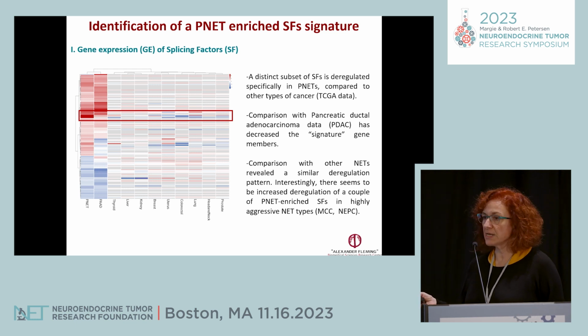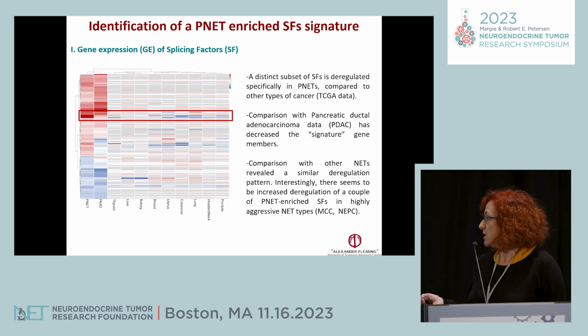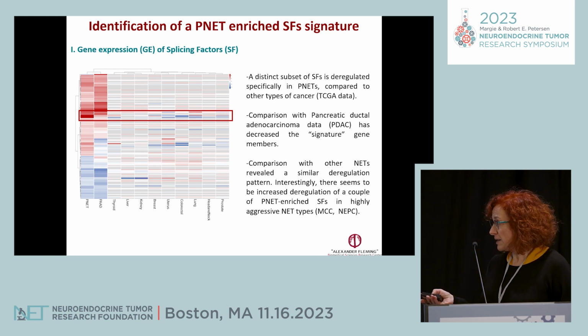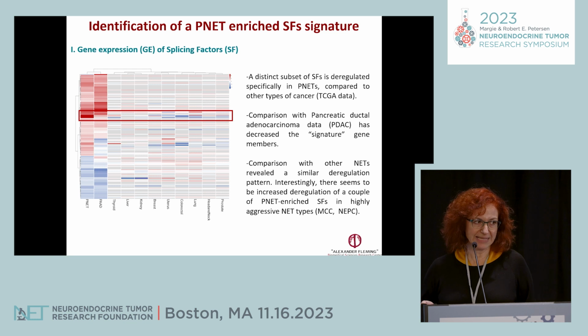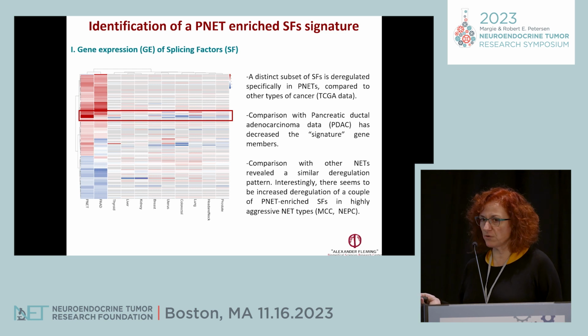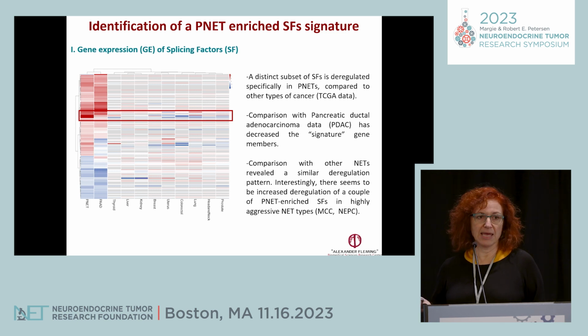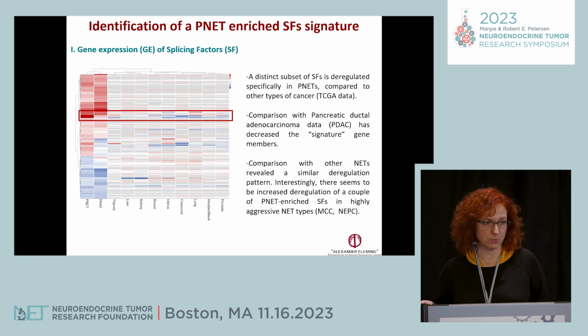And this group is actually the neuronal splicing factors that I said earlier. So when we compared the expression levels of these factors to their expression levels in other NETs, I have to say that we saw a similar deregulation. A couple of splicing factors might be related to more aggressive PanNETs, but still we need more samples here to be able to have conclusive results.